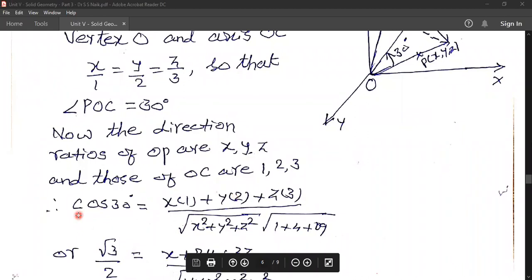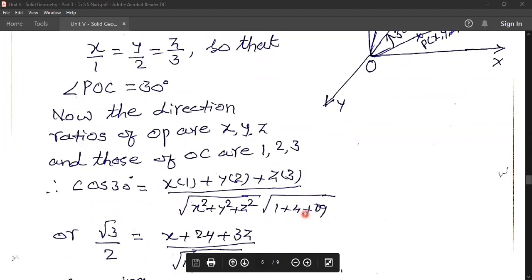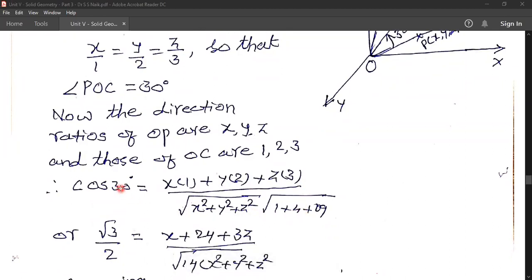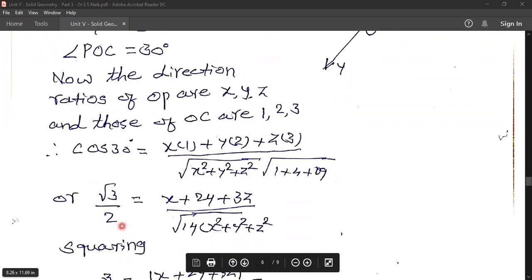Then use the formula: cos theta is equal to x into 1 plus y into 2 plus z into 3, divided by square root of x square plus y square plus z square times square root of 1 plus 4 plus 9. Then cos 30 is equal to root 3 by 2.